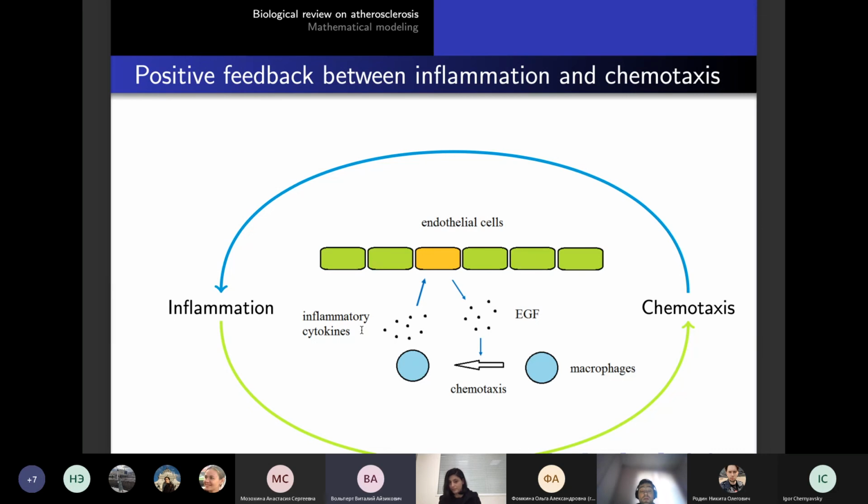And by the way, as Gada also mentioned, this is still a reversible stage. So after several months of fat diet, if we put these mice on a low-fat diet, these fatty streaks will disappear. But if they continue several more months, then the plaque will form, and the plaque is already an irreversible stage of atherosclerosis development.